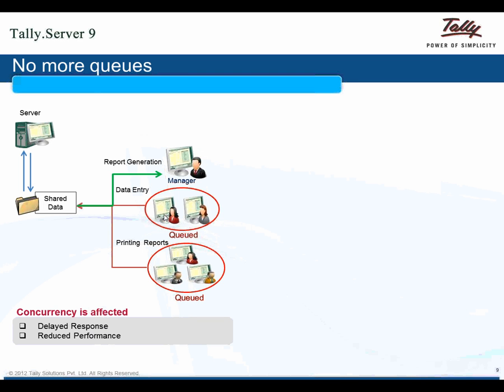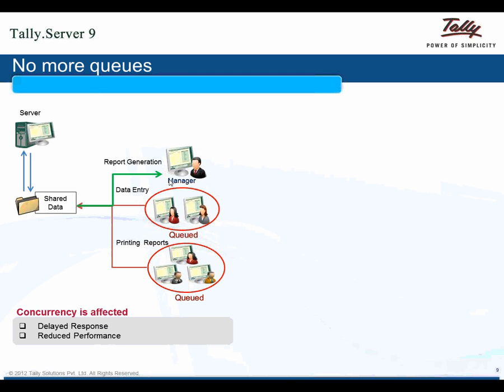Then only they can perform. Hence, concurrency is affected and performance is reduced. These two people have to wait till the manager completes the task.